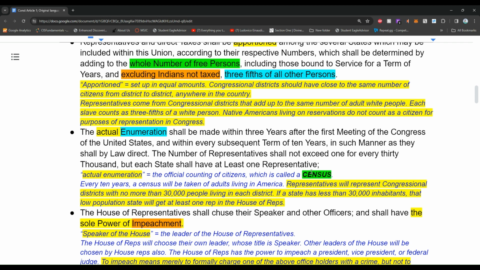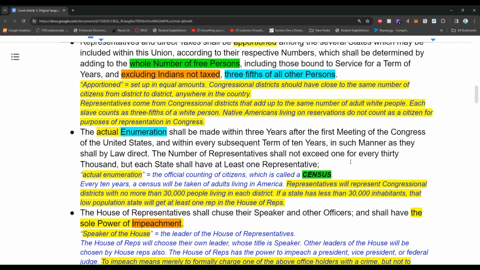Now, the 2 sentences right above the green word census, it says the number of reps shall not exceed 1 for every 30,000. Okay. So for each 30,000 citizens, a state would get 1 rep in the House of Reps. So if you had over 300,000, like 305,000, well, that's 10 times 30.